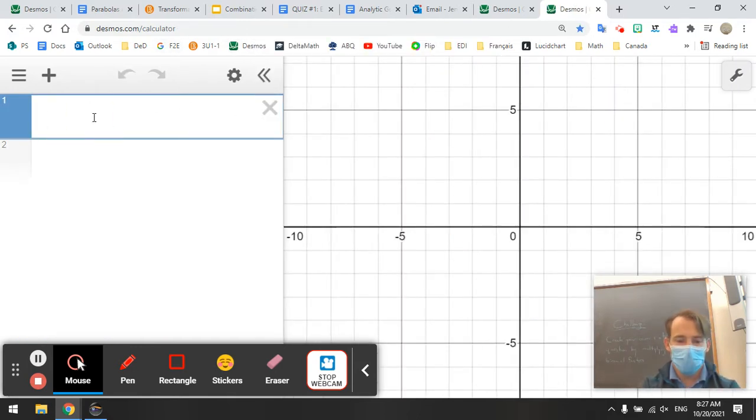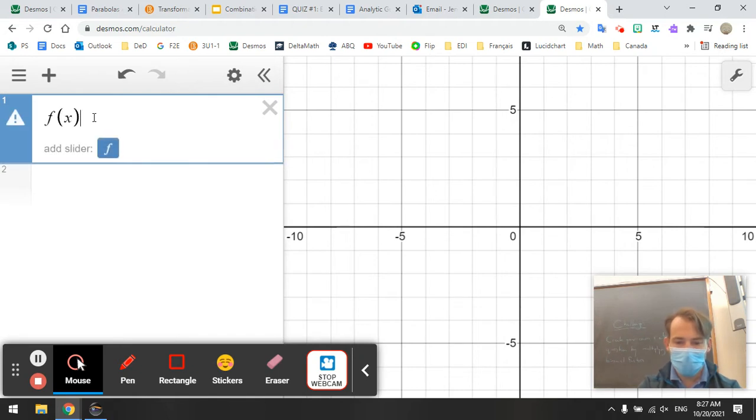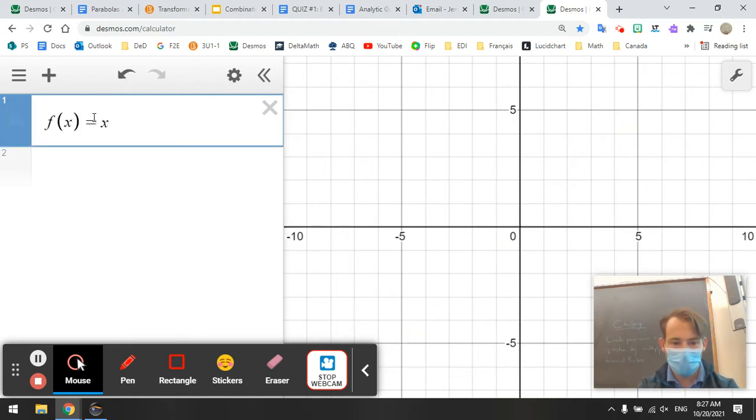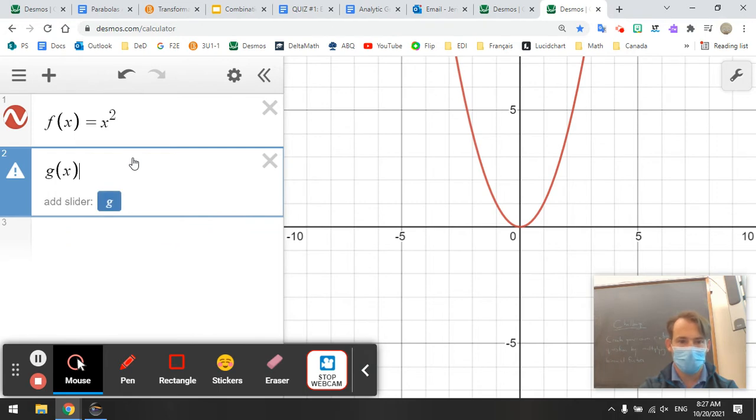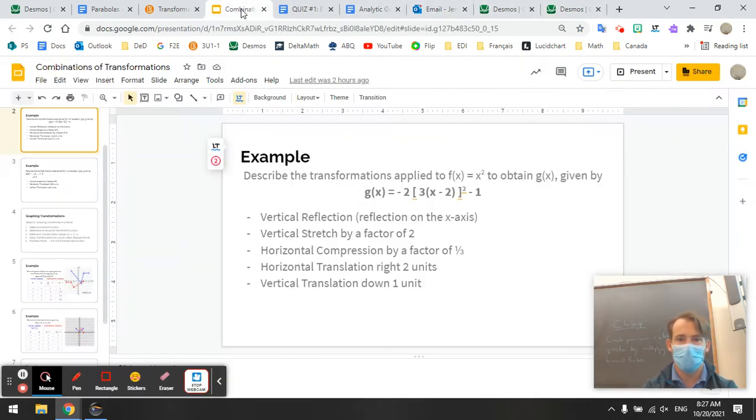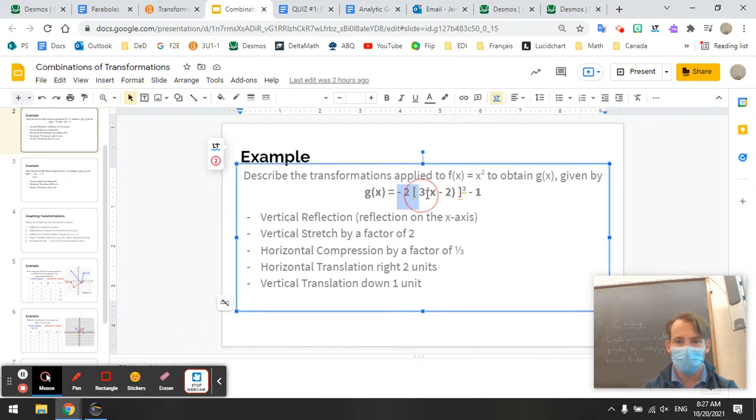So our original function f of x is equal to x squared. Okay, so here's our original function. The first thing that we would do to create this function g of x, which is equal to, and I can just copy it down from the PowerPoint, -2, 3, copy.